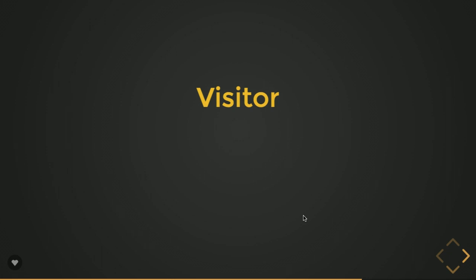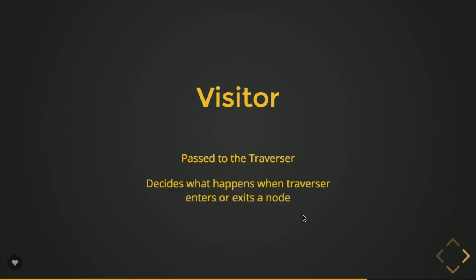And we have this thing called a visitor, which is an object that's passed to the traverser. And the visitor is just a description of what's supposed to happen when you reach a particular node in the AST. And that's what we'll really have to know in order to define these things called plugins, which help us to extend Babel.